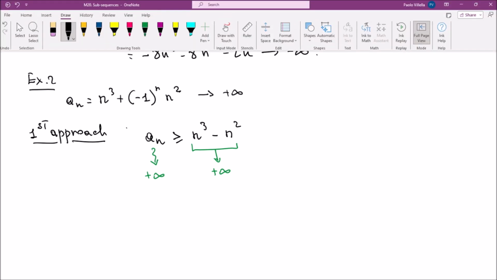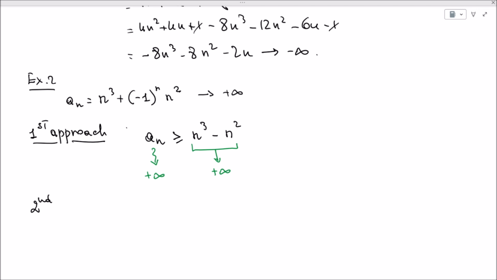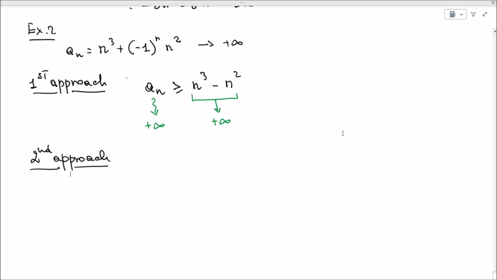So let's see a second approach to calculate this limit. What we could do is factoring out n cubed. So we have n cubed here, and this multiplies 1.